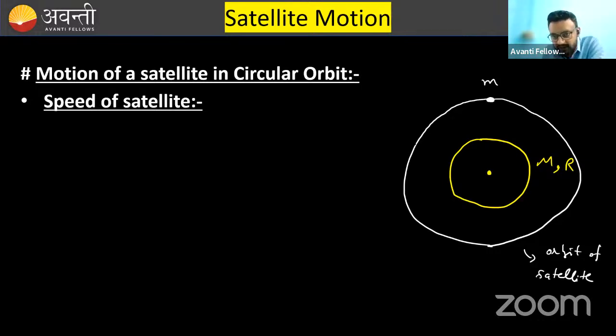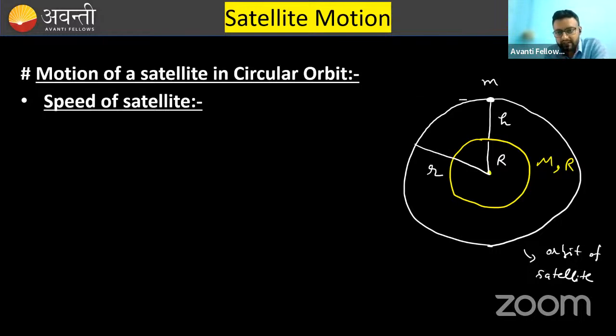And this orbit radius of the satellite I'm taking as small r. And let's suppose the height of the satellite from the Earth or from the planet's surface is h. And this distance is R. So can you see that small r is equal to R plus h? This is quite visible. So I need to calculate the speed of the satellite.